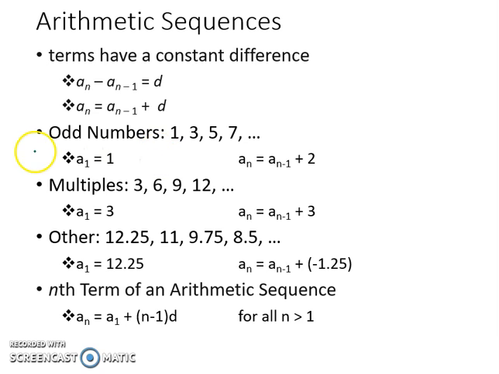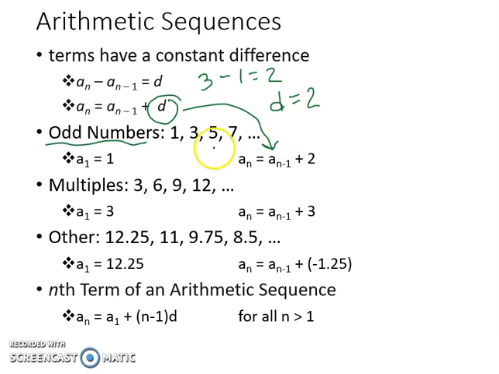So if you were going to find the difference for the odd numbers, you would take 3 minus 1 equals 2. And so 2 would be your D, your distance or difference. That's what you would put in here, which I did right here.